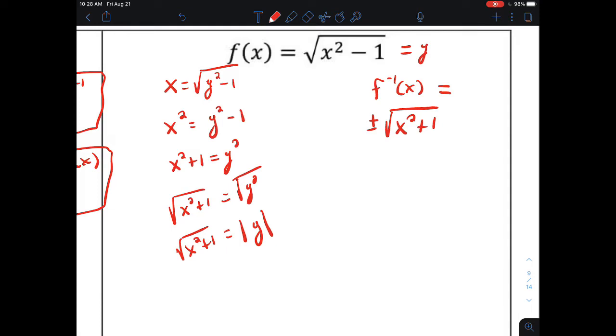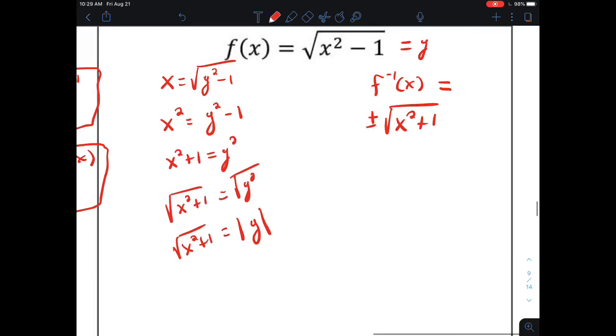So I want to determine what the domain of this inverse would be. Looking at this inverse function the way we've written it, because the inside is x squared plus 1, I can put in any number I want for x and get a real number output.